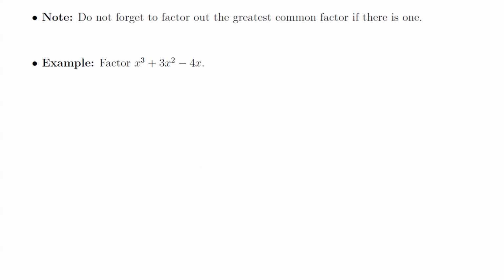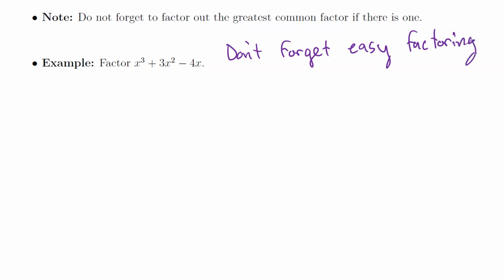As you're working hard on this reverse foiling, and you do have to work hard on it, it can be a tricky process. You also need to not forget about checking for factoring out a greatest common factor. The way I think of it is this: don't forget easy factoring.